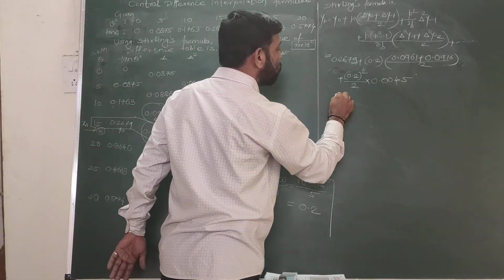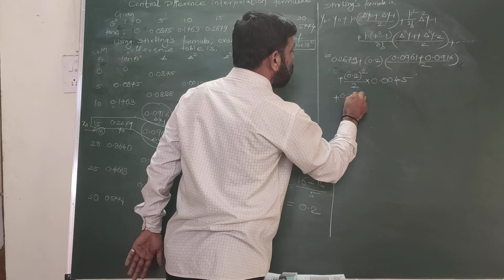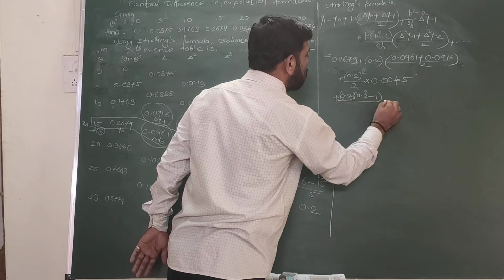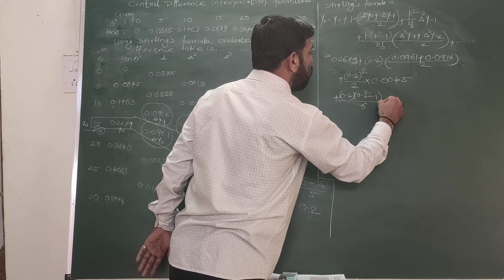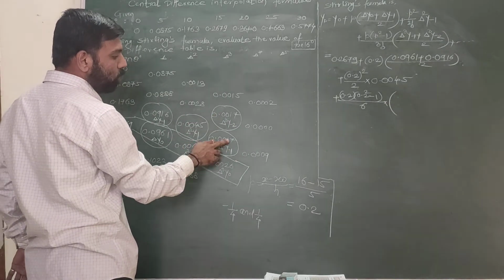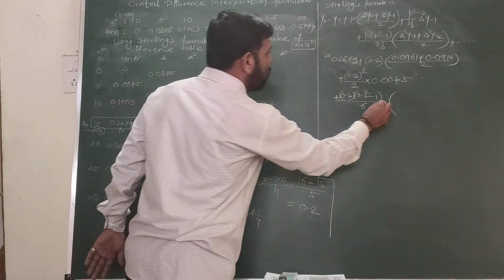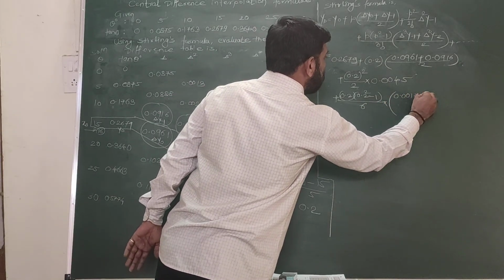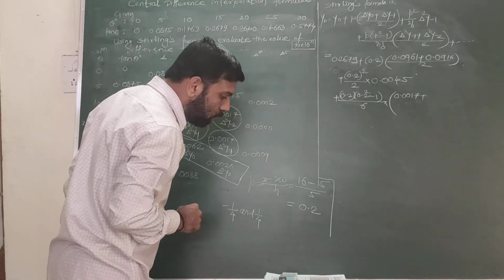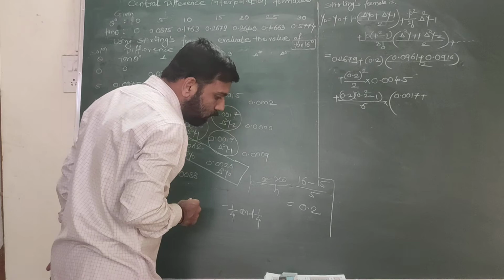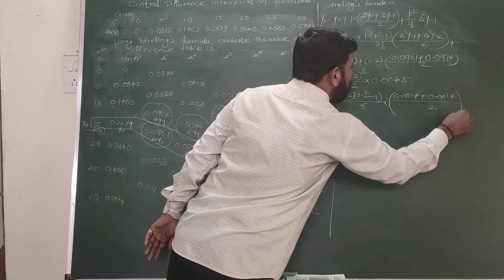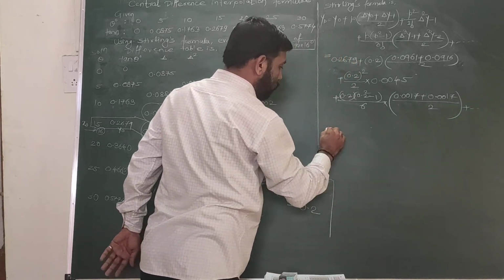Next term, p times p square minus 1 upon 6 into bracket delta cube y of minus 1 and y of minus 2. So these two values, 0.0017 plus 0.0017 divided by 2, and plus so on.